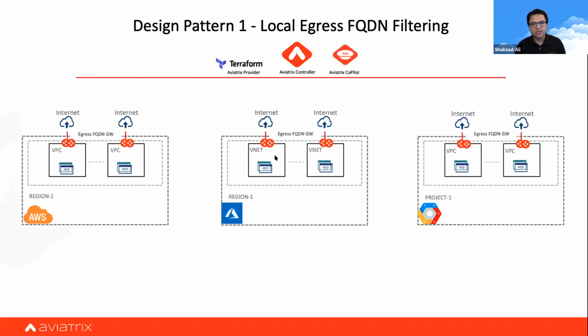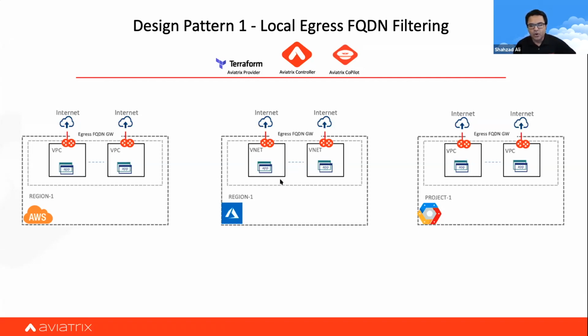Because if you're using the native NAT gateway, you can only apply policies or rules based on layer 3 or layer 4 constructs. And that is not enough, because that will not pass your audit or compliance requirements, because you might have PCI, you could have HIPAA or some other application running in these VPCs and VNets.